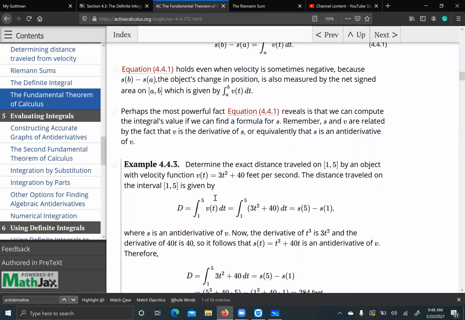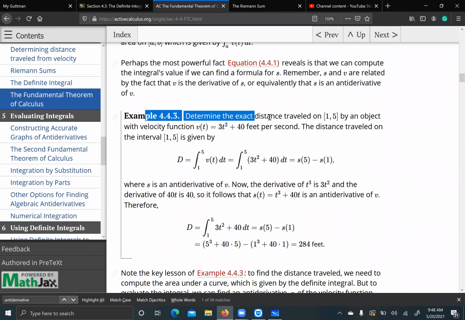For example, look at this example, 4.4. It says determine the exact distance traveled on 1 to 5 by an object with velocity function v.